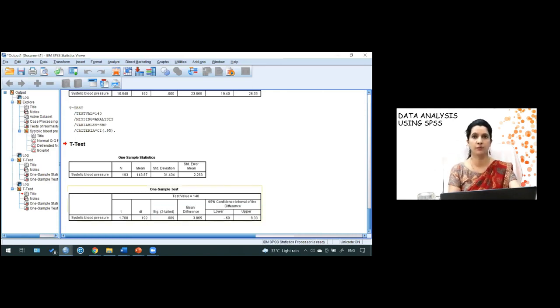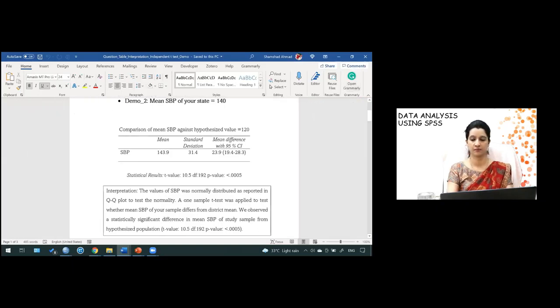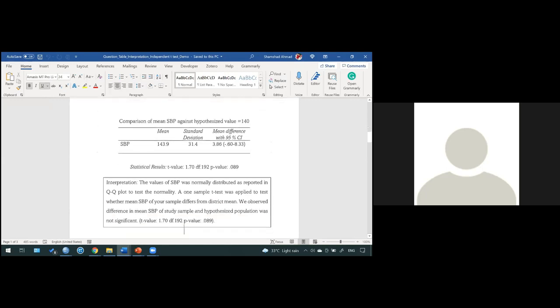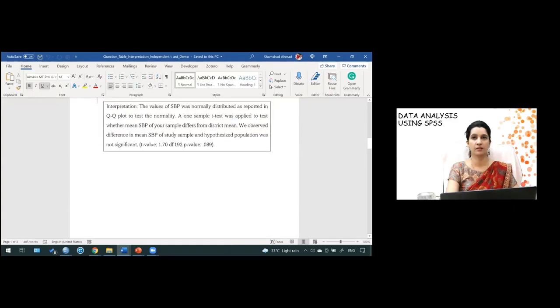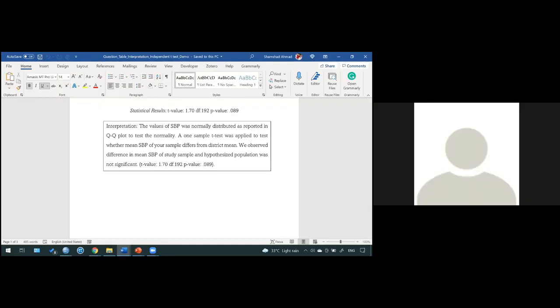Now if you go to the interpretation part and see the table, this was the table. Again, we are writing the result. Nilima, you can read the interpretation. The values of systolic blood pressure were normally distributed as reported in the QQ plot to test the normality.